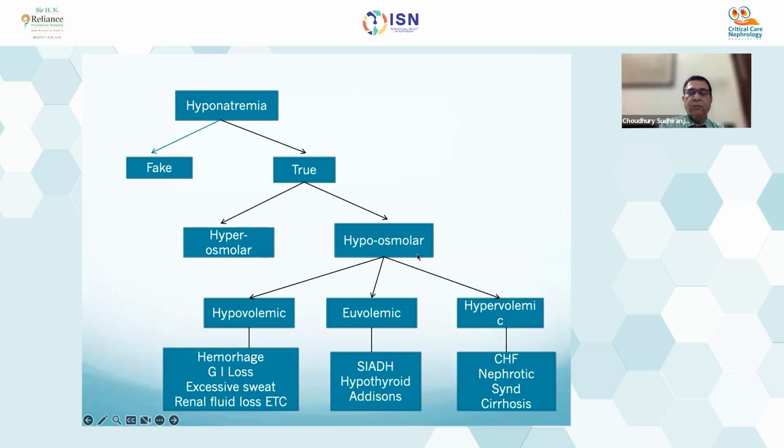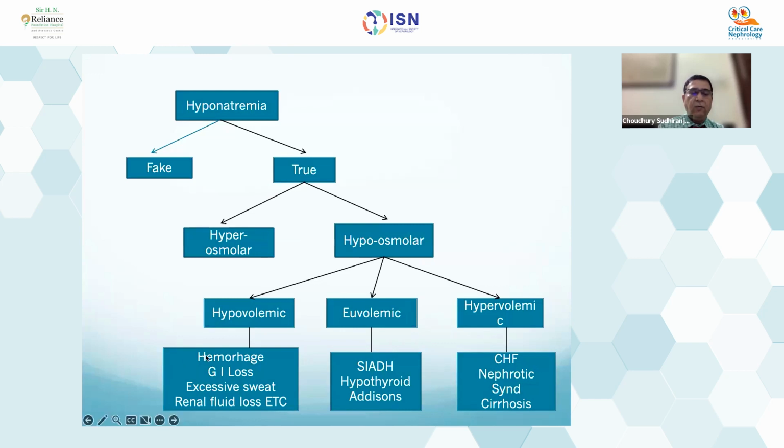In the hypoosmolar group, this algorithm is represented the same way everywhere: you divide them into hypovolemic, euvolemic, or hypervolemic. And we know that there are certain conditions where hypovolemic hyponatremia is prevalent.